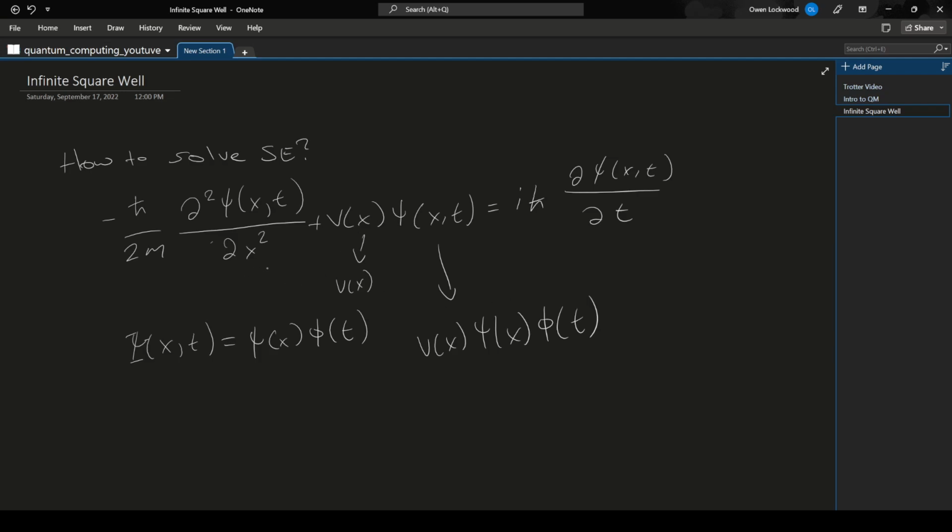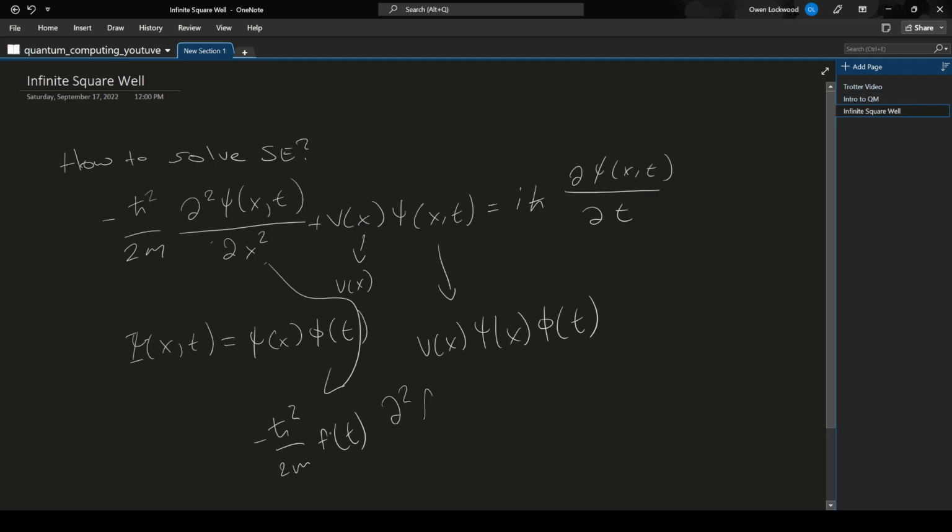This term, this partial derivative, becomes negative h bar squared. Did I forget the squared? Yes, I did. Negative h bar squared over 2m. Then we can take our f of t out because it's just a constant being multiplied here, because the derivative is with respect to x. And, oopsies, this should not be f of t, but... And then we have our position, the x squared.